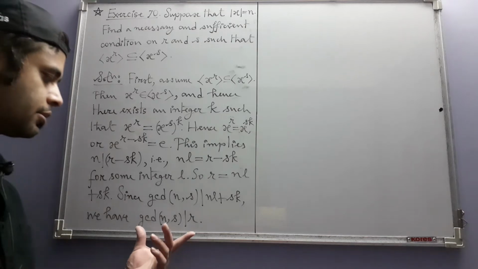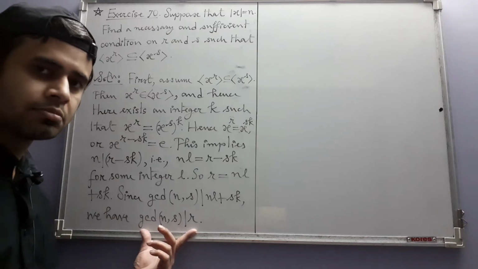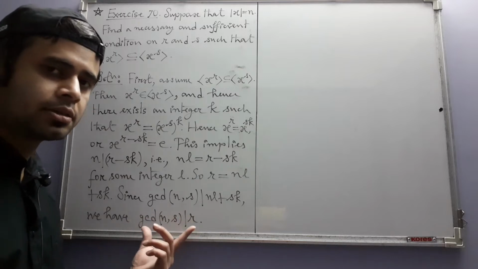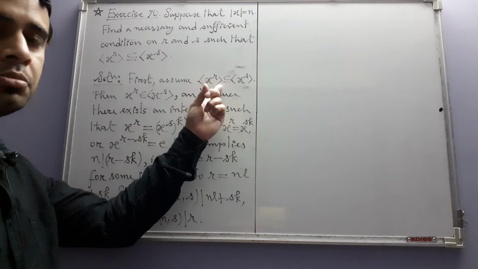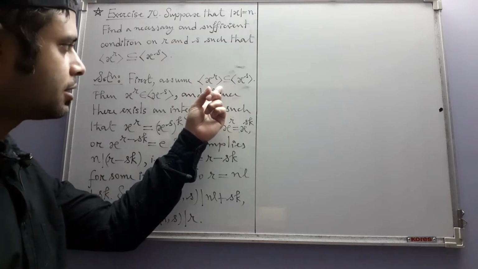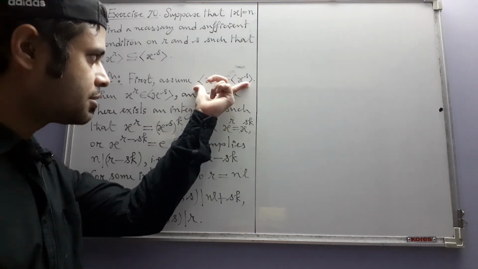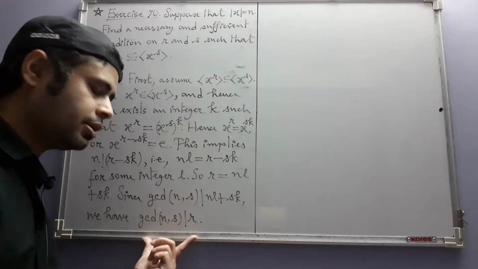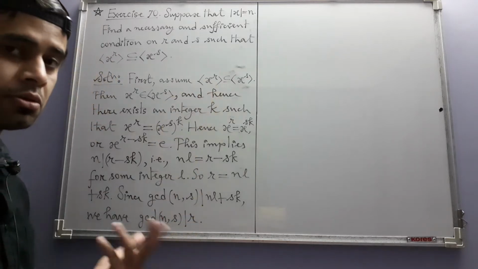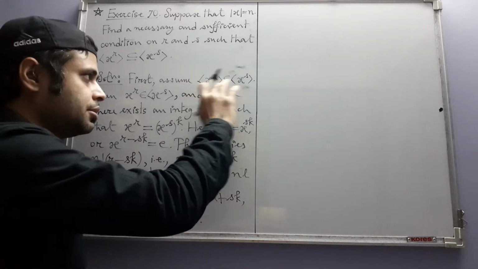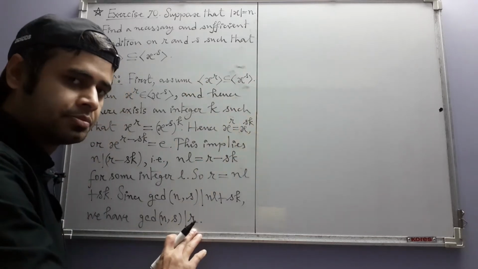So this divisibility relation becomes a necessary condition for this to be true. Necessary in the sense that if this happens, then this should necessarily happen. This is a consequence of this, or in other words, this implies this.